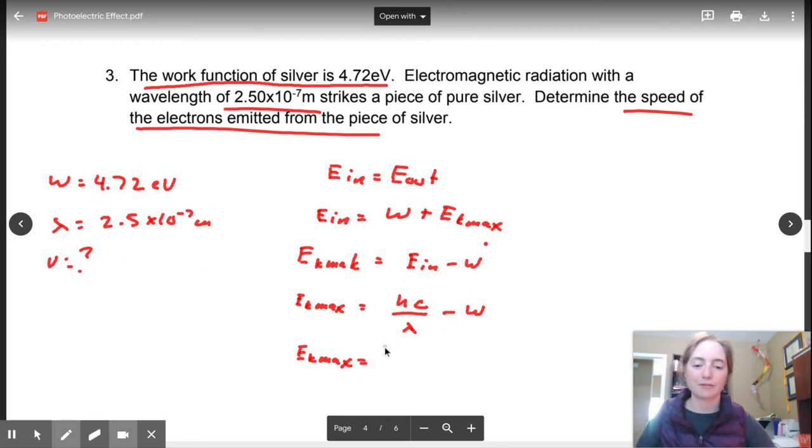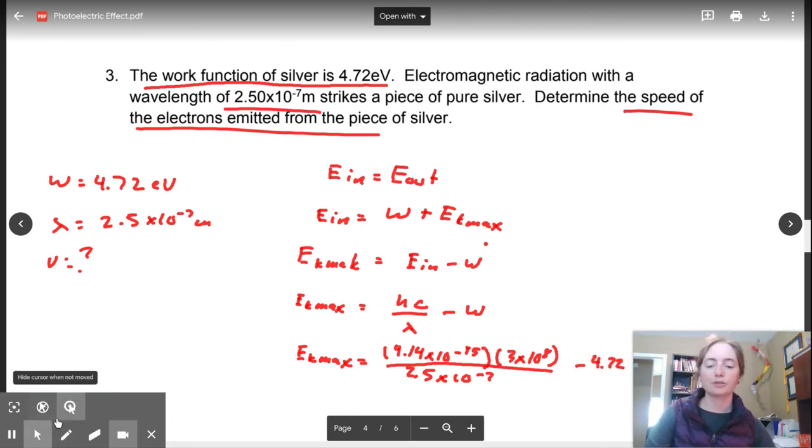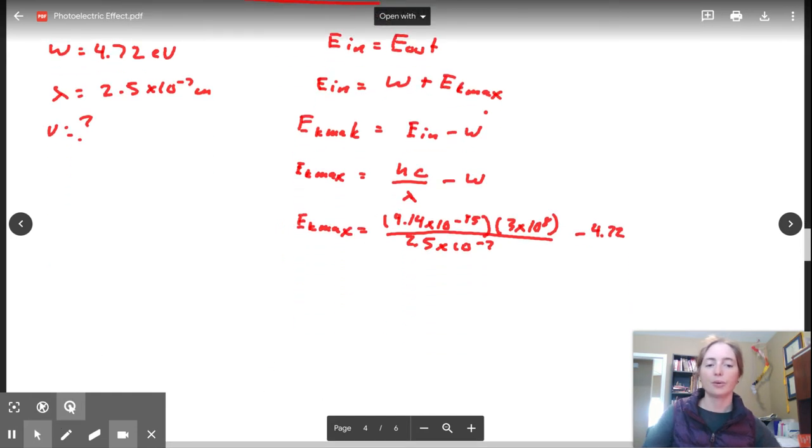So the h has to be in electron volts here, 4.14 times 10 to the negative 15 electron volt seconds, times 3 times 10 to the power of 8, divided by our wavelength of 2.5 times 10 to the power of negative 7. We're going to subtract that from our work function, so 4.72. I'm going to scroll down here. There we go.